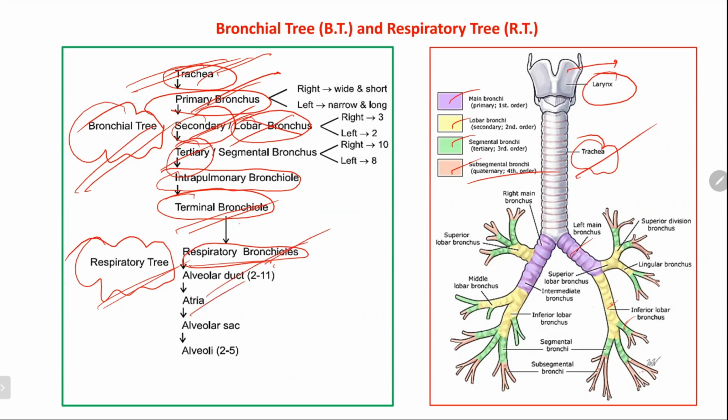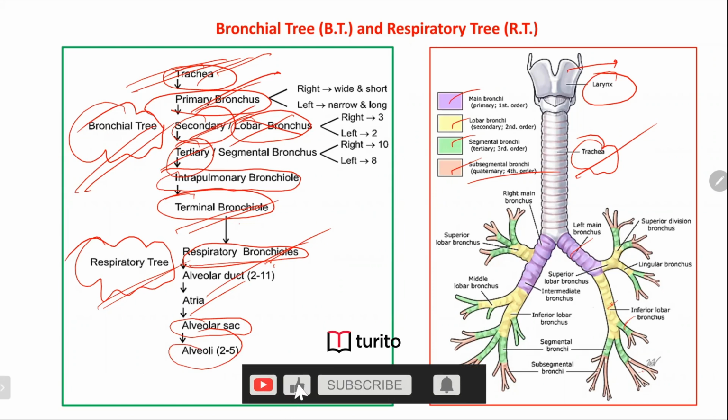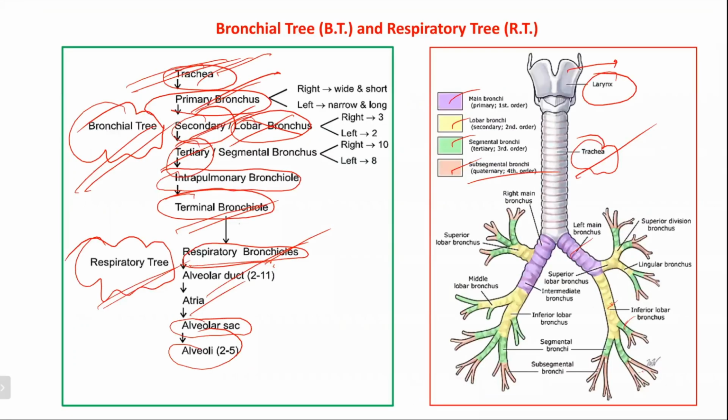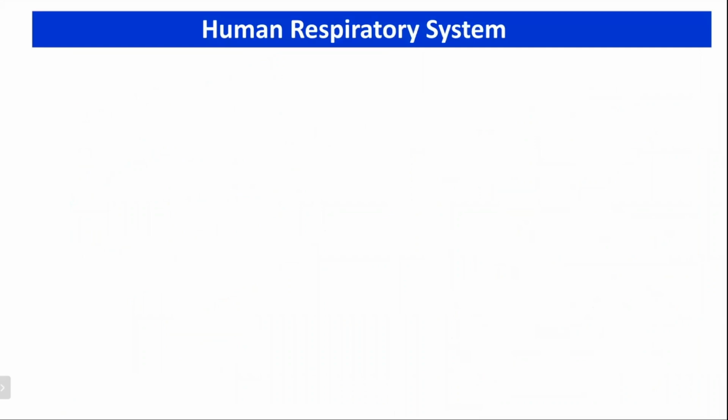Alveolar ducts have a space called atria. Into atria, alveolar sacs open, with alveoli. All these constitute the respiratory tree. The reason behind calling it respiratory tree is that exchange of gases takes place in this part, right? So with this we have finished bronchial tree and respiratory tree, and I hope you enjoyed, students.